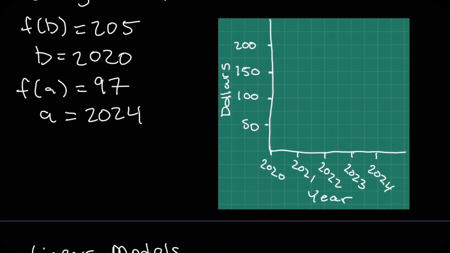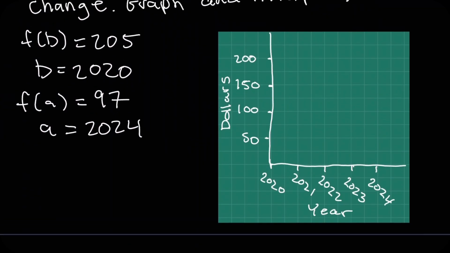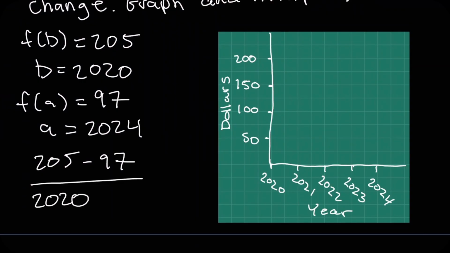So plugging that into our equation, we are left with $205 minus $97, and then we're going to go ahead and divide this by 2020 minus 2024.